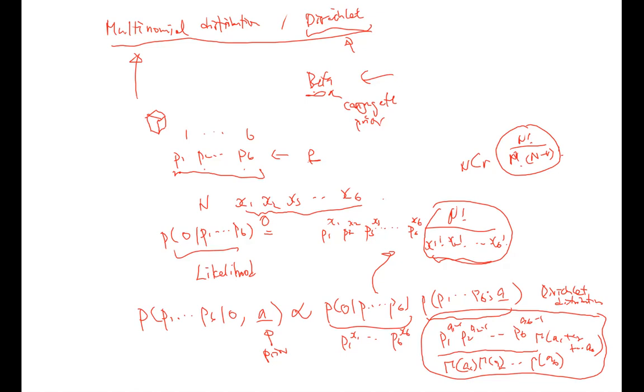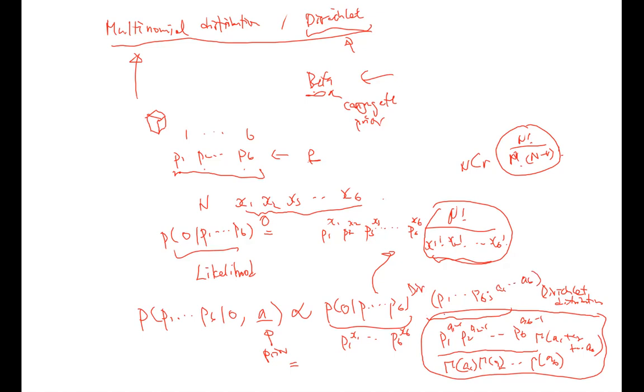Now I will have an update eventually. It is initially a Dirichlet. So now maybe I will rewrite this. I just call this a Dirichlet here, with parameters A1 up to A6 here.